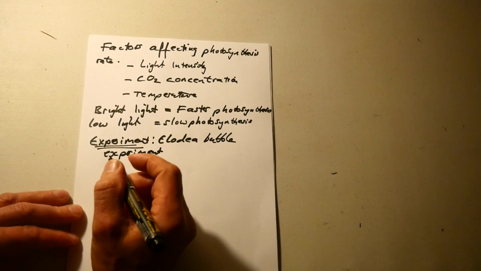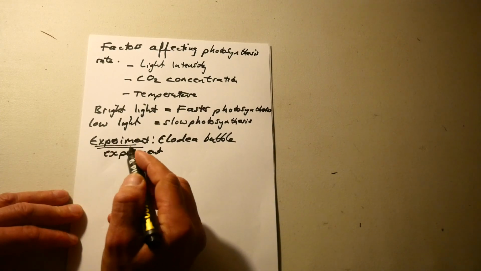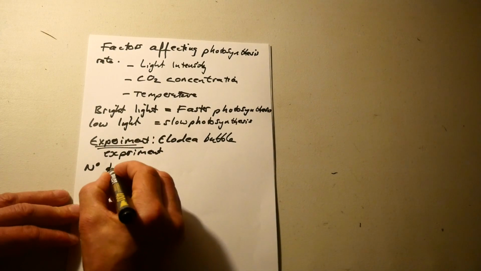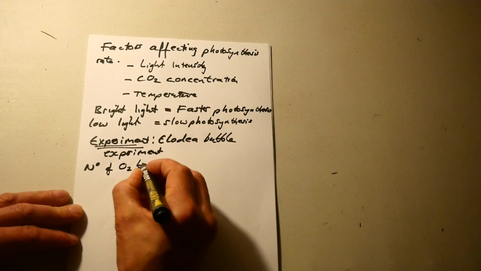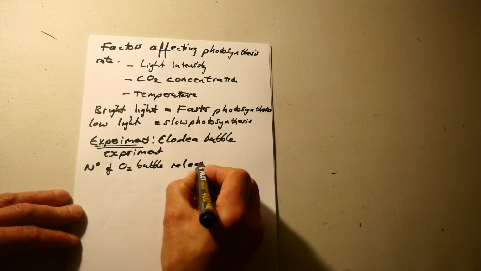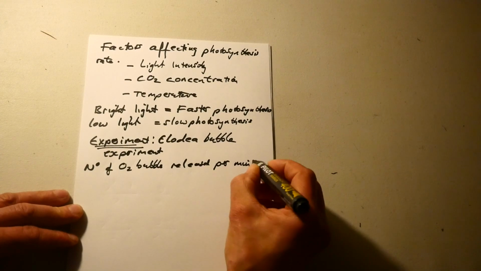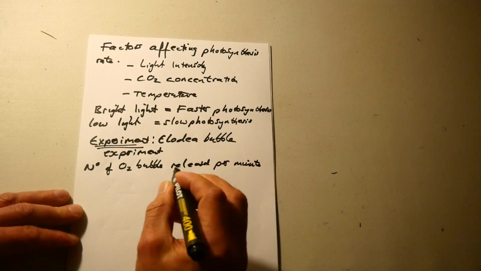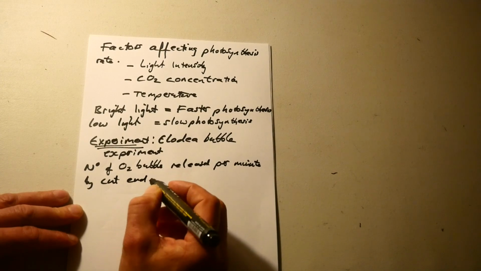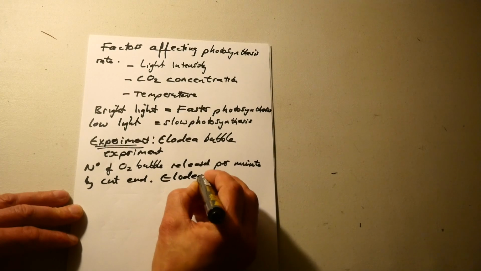So, you cut a piece of the plant and you count the number of oxygen bubbles released per minute by the cut end of the Elodea. Okay?